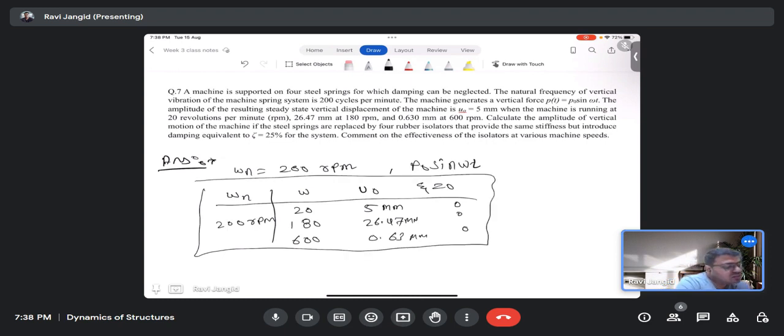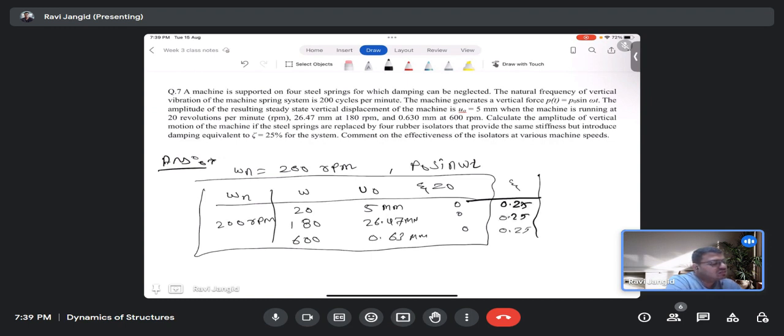Now we need to find the amplitude if we replace these springs with a rubber isolator. Rubber has some damping, with the same stiffness. So now we are provided with a damping of 0.25 or 25%.